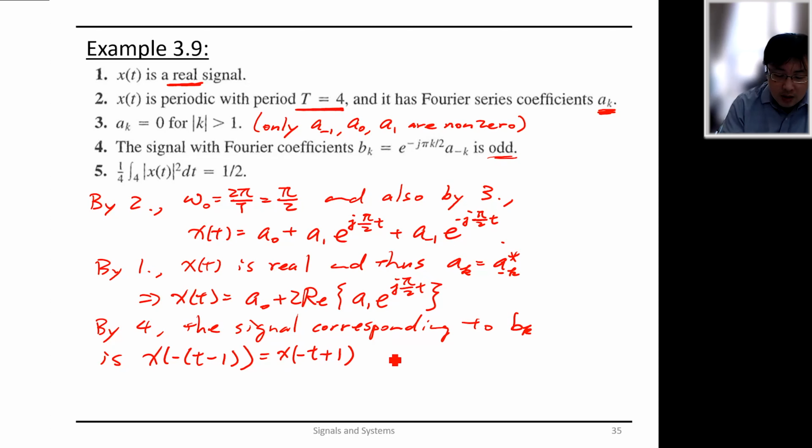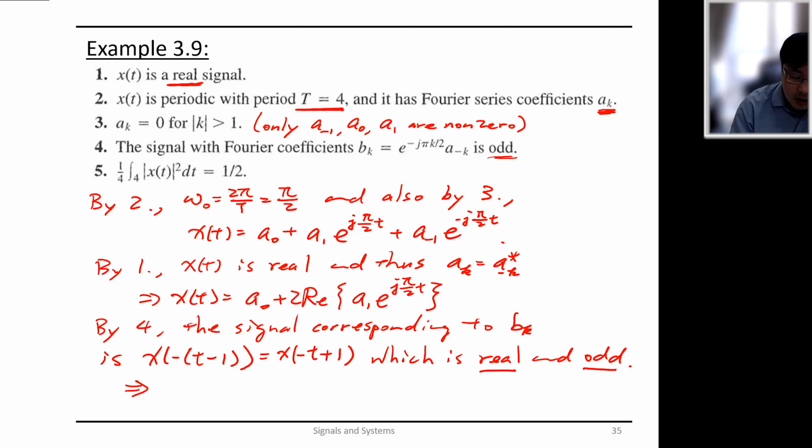So this signal is real and odd. If this signal is real and odd, then this means that the Fourier series coefficient must be purely imaginary and odd.